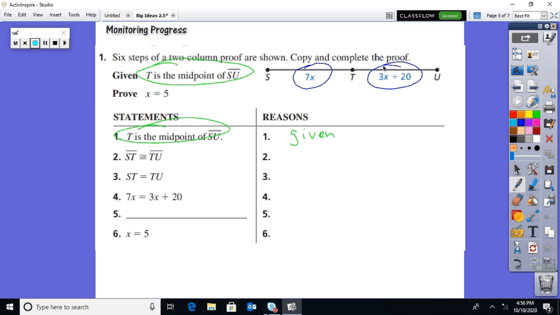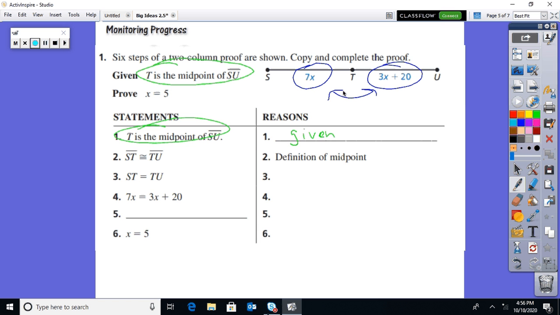To do that, they're walking you through it with the actual step-by-steps here. So ST is congruent to TU. Yep, we know that. That's the definition of midpoint. The definition of midpoint allows us to set these 2 expressions equal to each other.